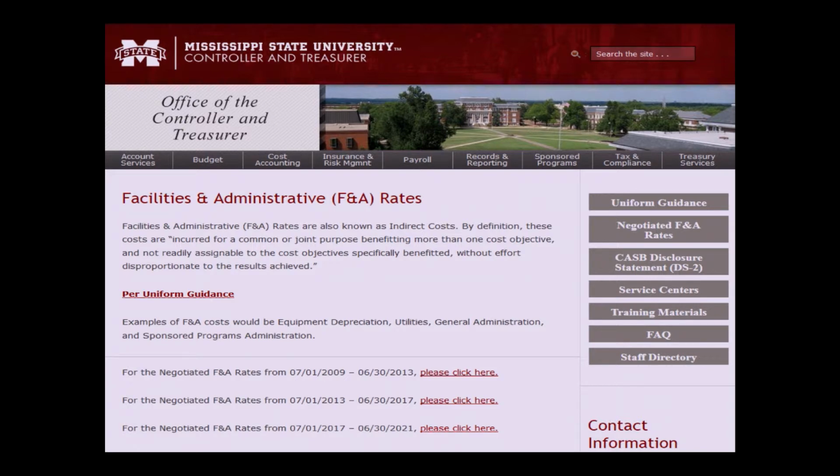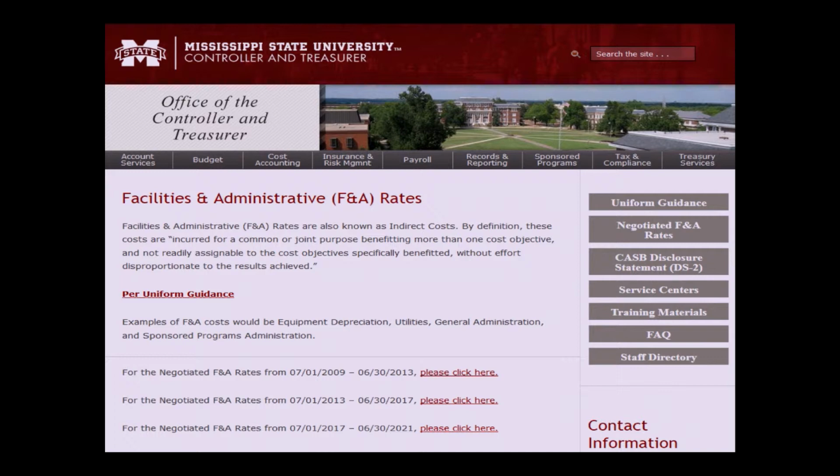The second area of responsibility is the preparation of the Facility Administrative Cost Rate Proposal, also known as F&A. The F&A cost rate proposal helps MSU recover a portion of indirect costs spent for sponsored activities. Examples of indirect costs would include depreciation, utilities, and departmental administration.